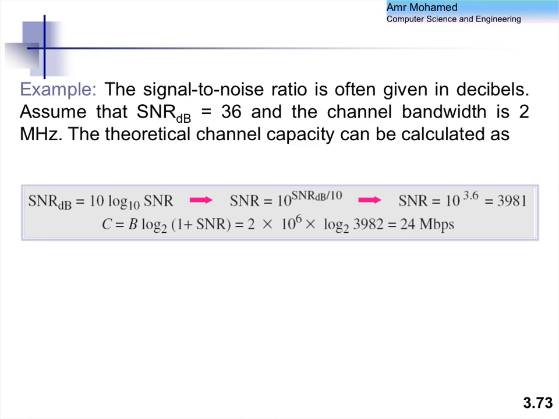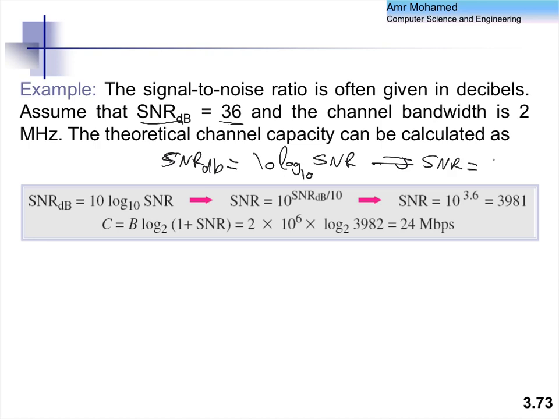For the case of signal to noise ratio that's defined in decibel as 36. So if I give you the SNR in decibel and it's 36, in that case you have two approaches to calculate the bit rate. Of course, I give you the bandwidth. The bandwidth is 2 megahertz. So the SNR in decibel is 10 log 10 of SNR as a ratio.